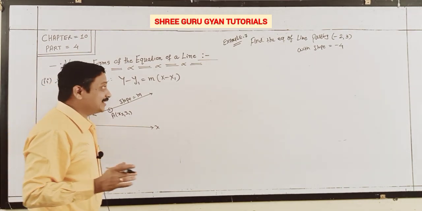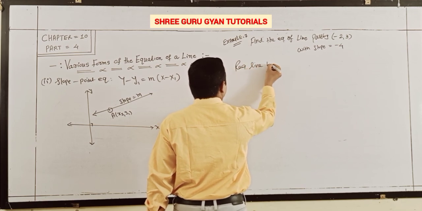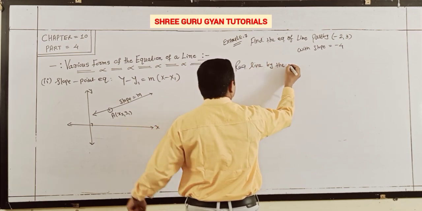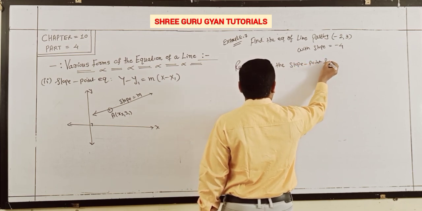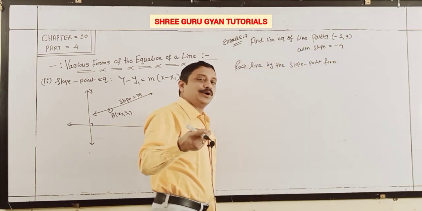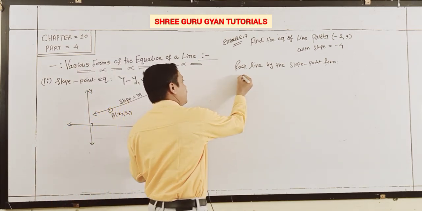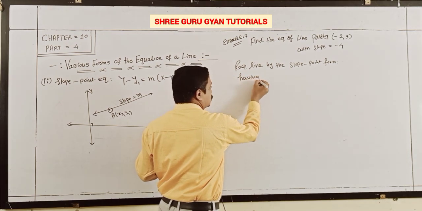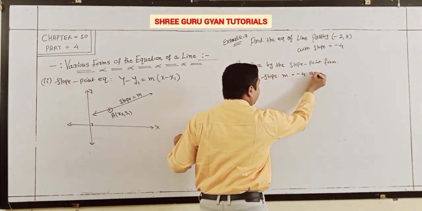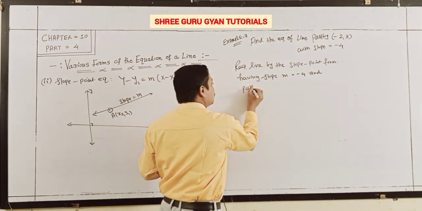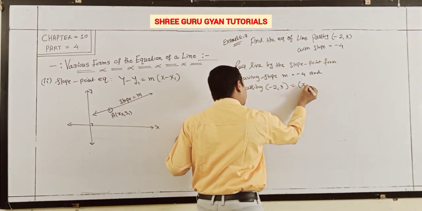So the required line by the slope point form has slope m equal to minus 4 and passes through (minus 2, 3). I write that as x1, y1.